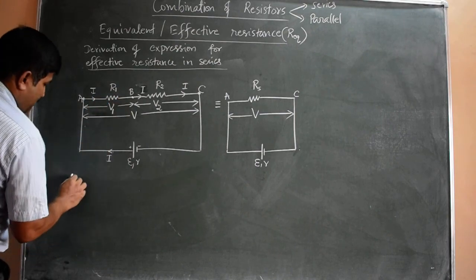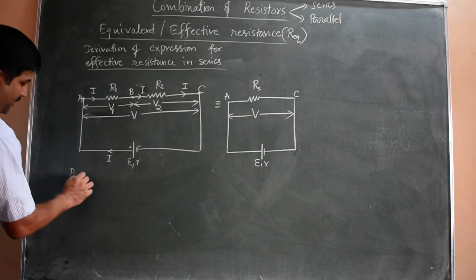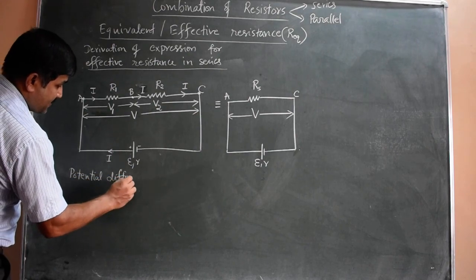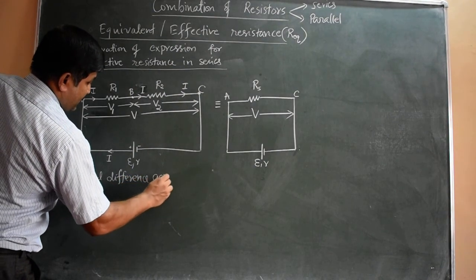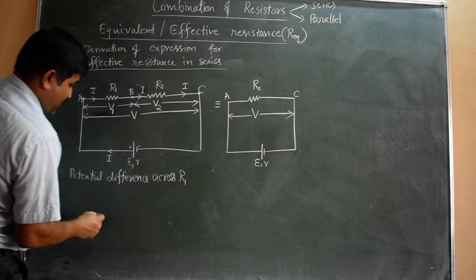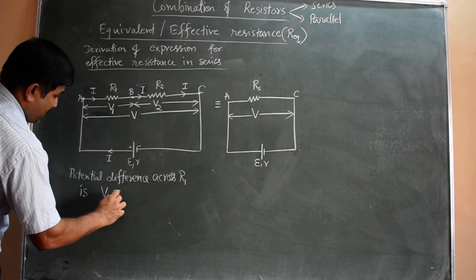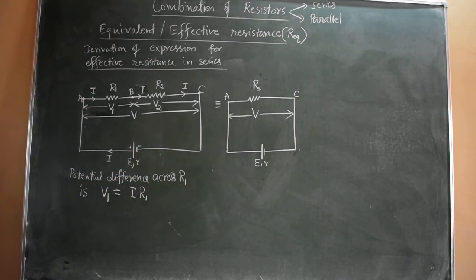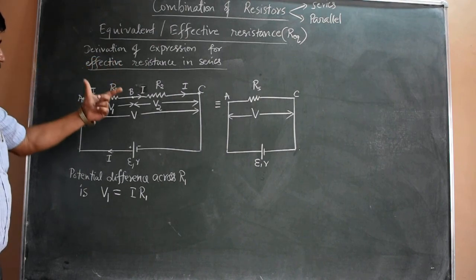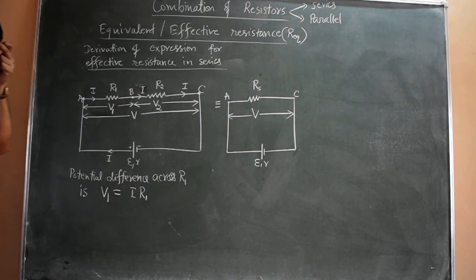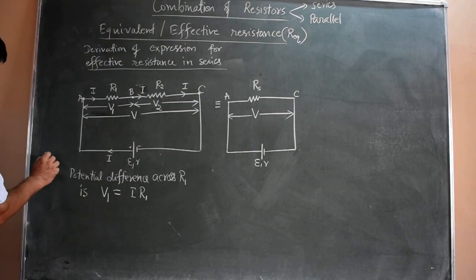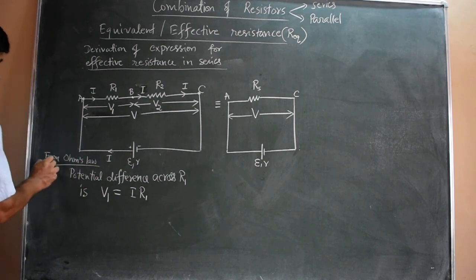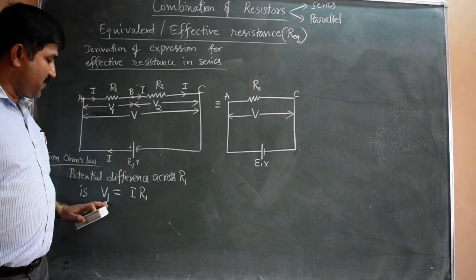So applying Ohm's law, the potential difference across R1 is V1 equal to I into R1. The current I flows through the resistor R1 and the potential difference across R1 is V1. The mathematical form of Ohm's law is V equal to IR.